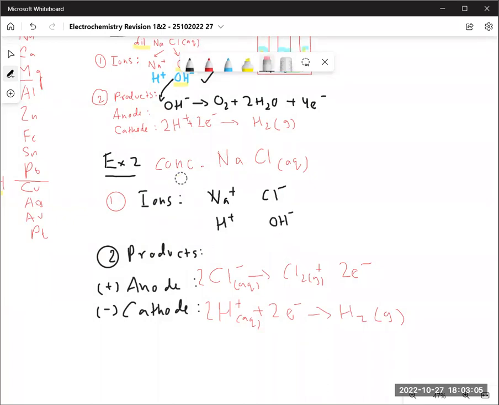Now, I want you to work with me on this. Between Cl minus and OH minus, which guy will form? Between Cl minus and OH minus at the anode, both of these are negative. So negative goes to positive electrode, fine. But which of these will form?